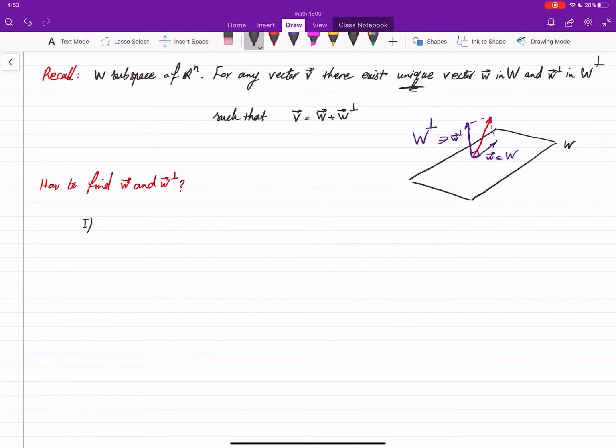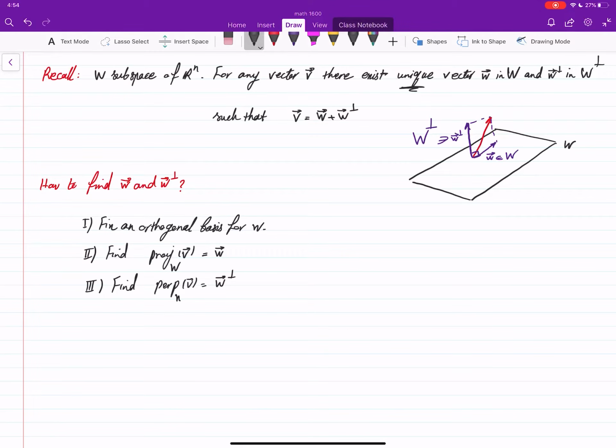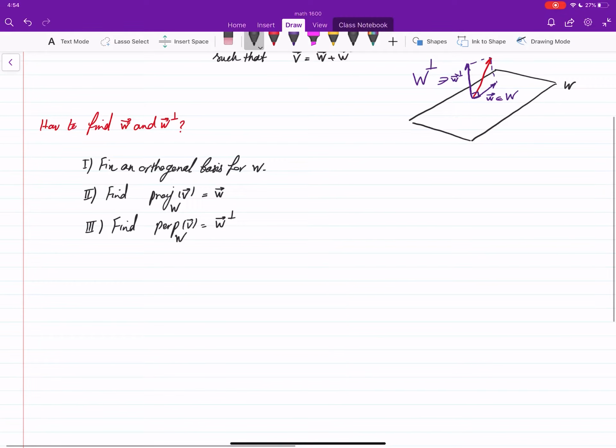In other words, first fix an orthogonal basis for subspace W, then use the elements of that orthogonal basis to find the projection of v onto W. This is going to be our w vector, and our w perp vector is just perp of v over W. So you just need to fix an orthogonal basis.